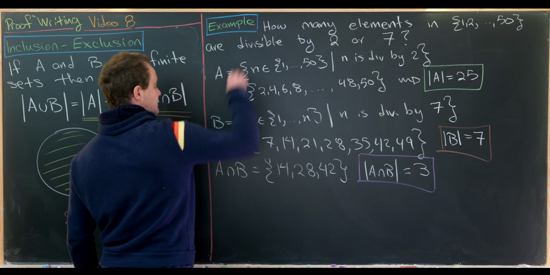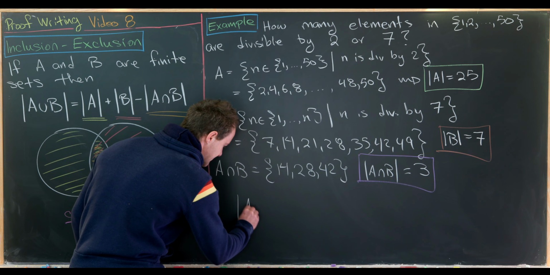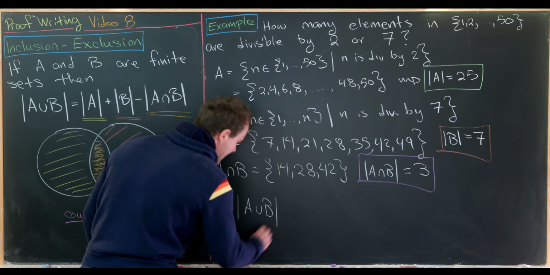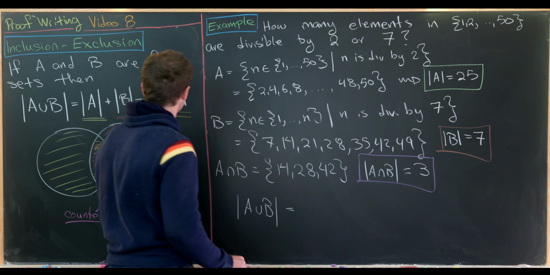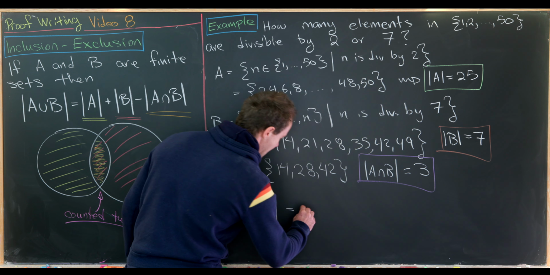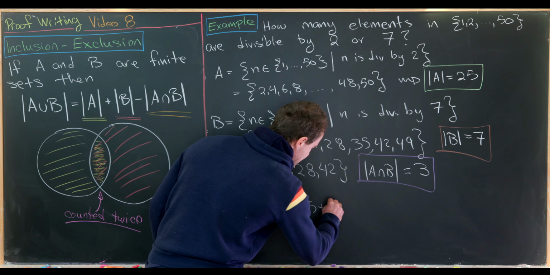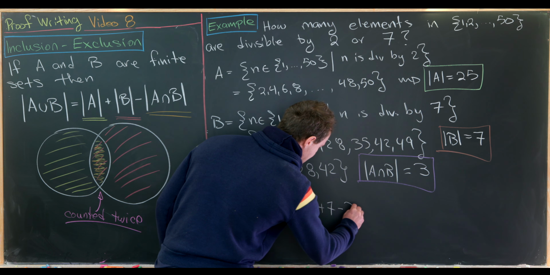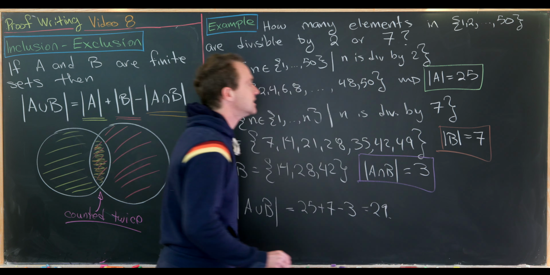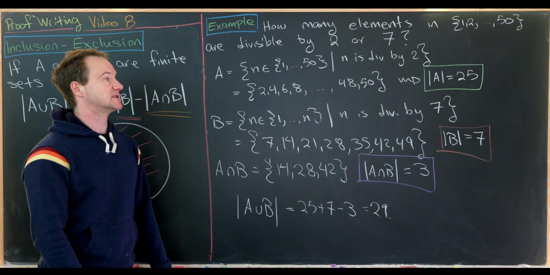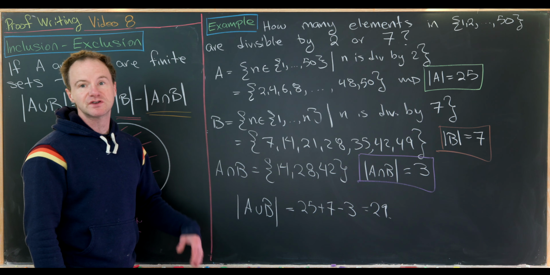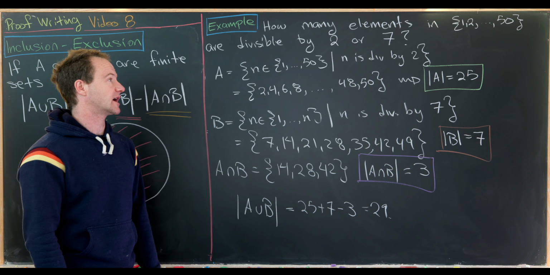Notice that answering this question is equivalent to finding the cardinality of A union B. So using this principle, we'll have 25 plus 7 minus 3. That'll be the same thing as 25 plus 4, which is 29. So there are 29 such elements.